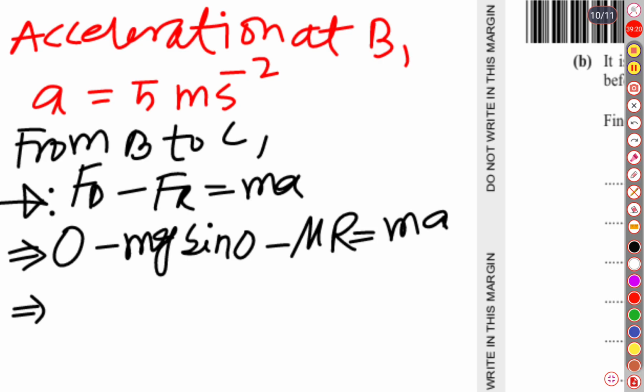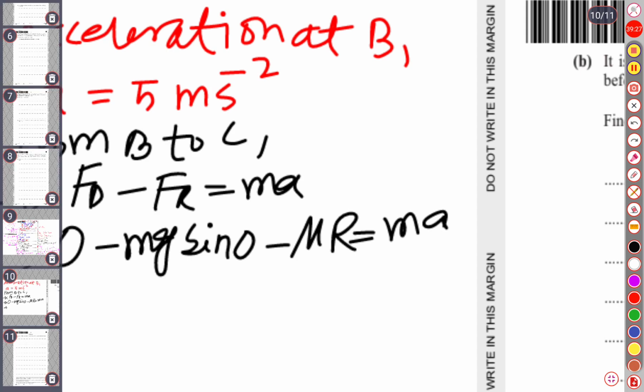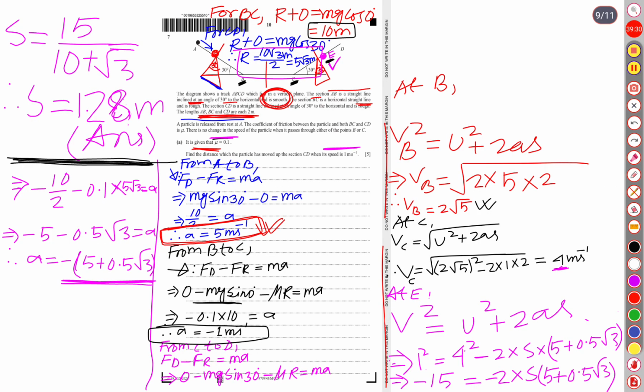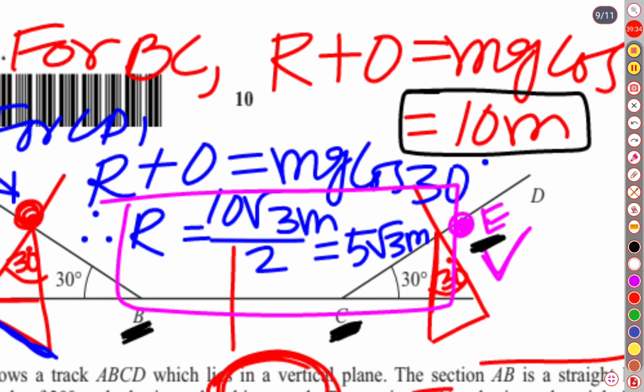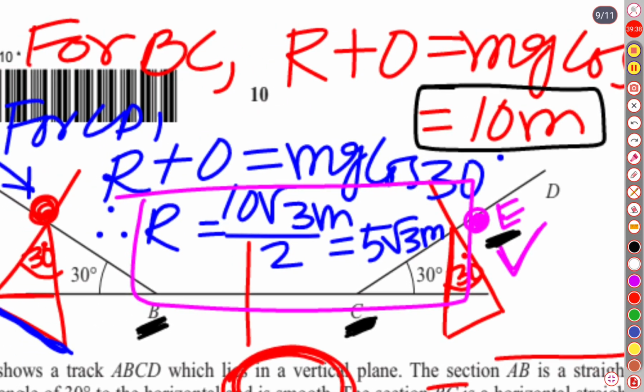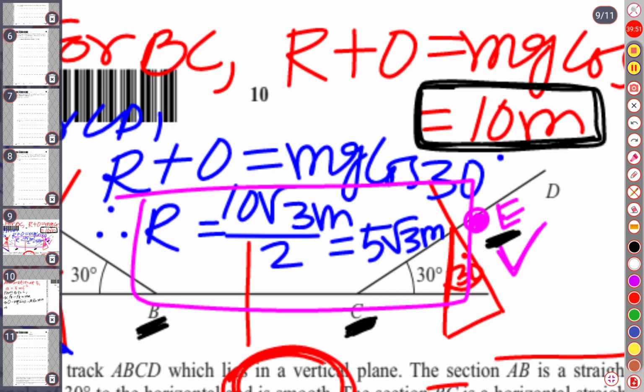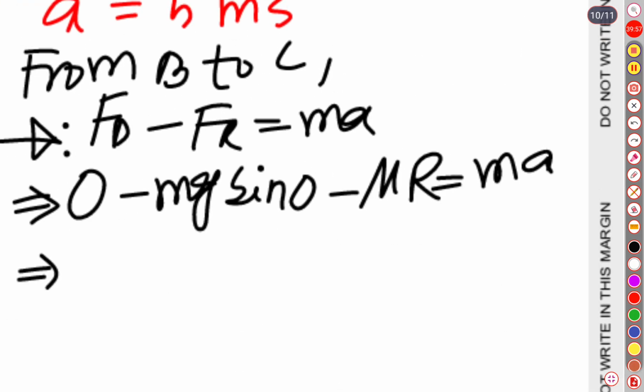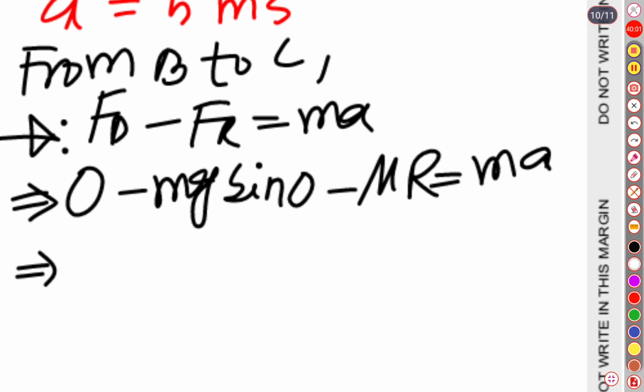And mu R from B to C has already been obtained. Let us see how much R was from B to C. For BC, R was 10m, the resistance force from B to C. So 0 minus 10m mu equals ma.